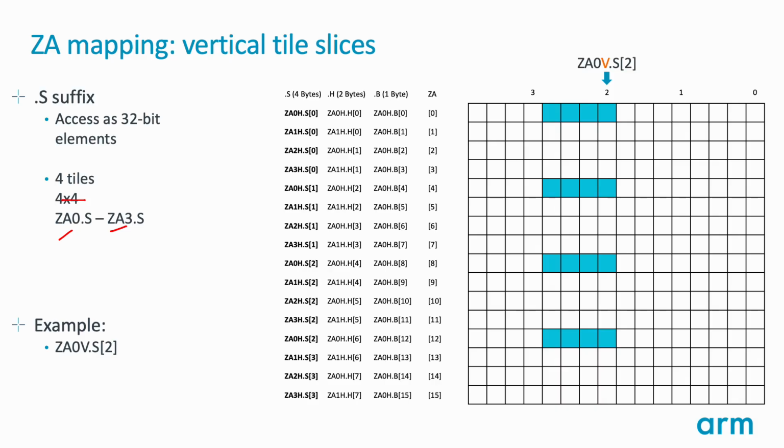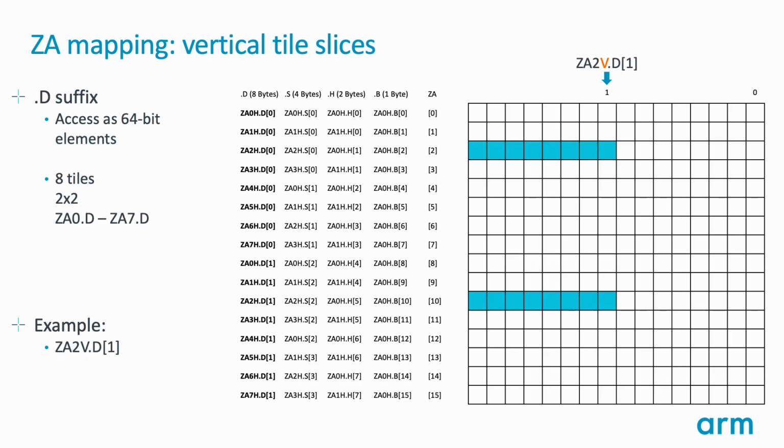And since we are accessing a 32-bit element, the access size suffix .S is used. And since we are accessing a vertical slice in the ZA0 tile, we start from this. This becomes an element of the ZA0 tile, slice S2. All the blue cells constitute one element in that slice. And similarly, 1, 2, 3, 4: 4 elements will be there in that particular slice for a 32-bit access.